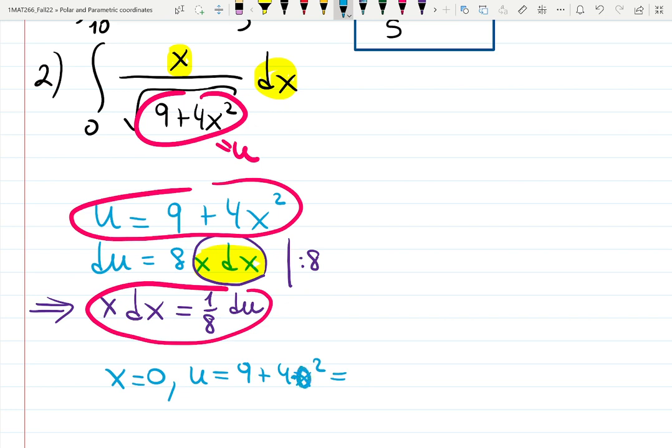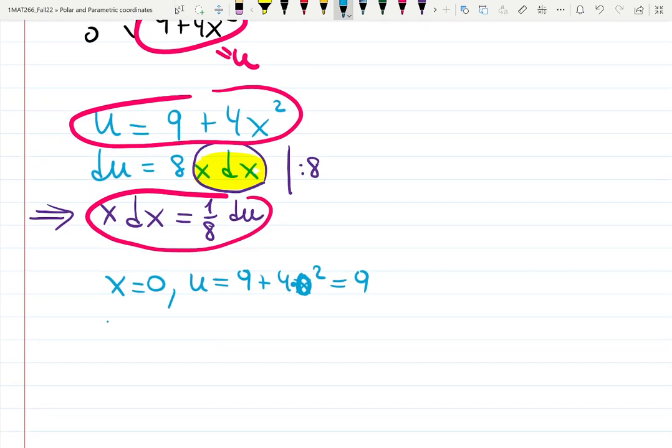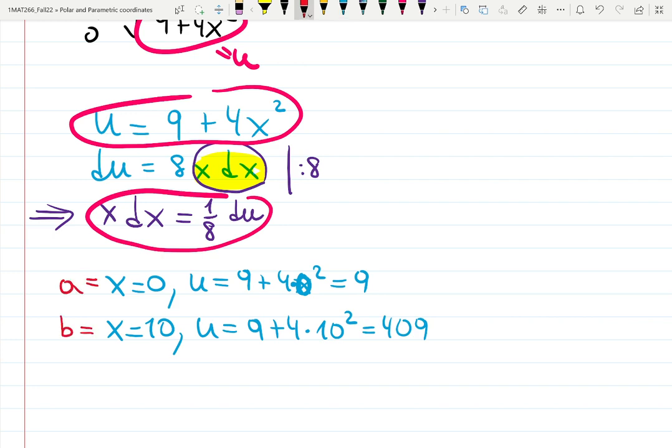So now we have 0 squared instead of x squared, so u becomes 9. When x was 10, u becomes 9 plus 4 times 10 squared, which is 400 plus 9, 409. The first one was a, the second one was b.